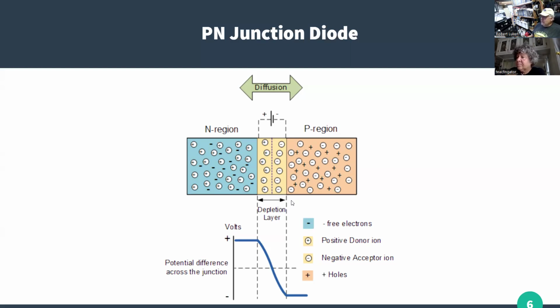And it's this depletion layer that we have to overcome. And you can see it's represented by effectively a little battery because it produces a voltage. So in order to conduct, we have to have a voltage higher than that. And that's that threshold voltage we talked about, the 0.7 or the 0.3.